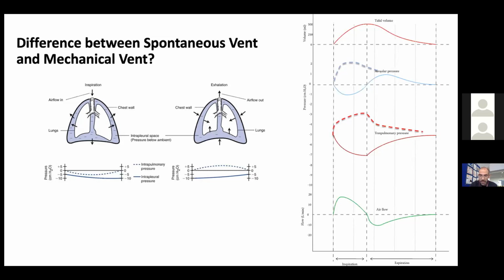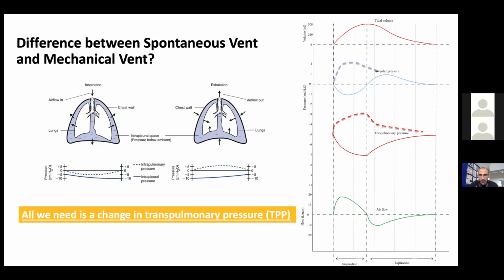So the difference is what will generate a movement of the alveoli towards inflation. Basically, all we need is a change in transpulmonary pressure, whether it is generated by a negative pressure breath or by a positive pressure breath. And always remember that expiration is always a passive mechanism. We can't do anything from an expiration point of view. It's all done by the patient.